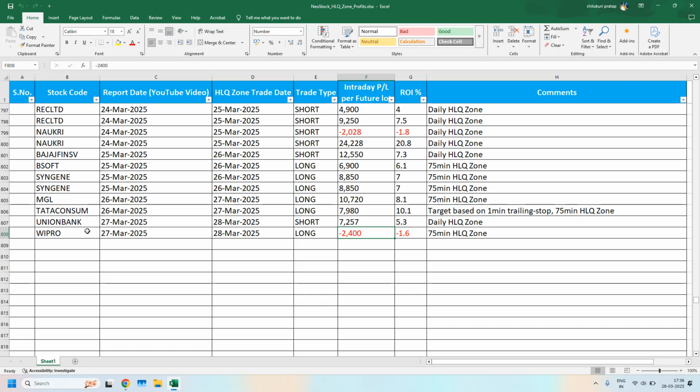But that is also qualified as a fine-tuned zone. If you compromise on the 75-minute zone and draw the zone, it is like you have an excellent fine-tuned 5-minute zone. So those statistics I will add into the Excel sheet later. What is the profit, everything we have to calculate, because the Excel sheet is about the performance of our HLQ zone trades.